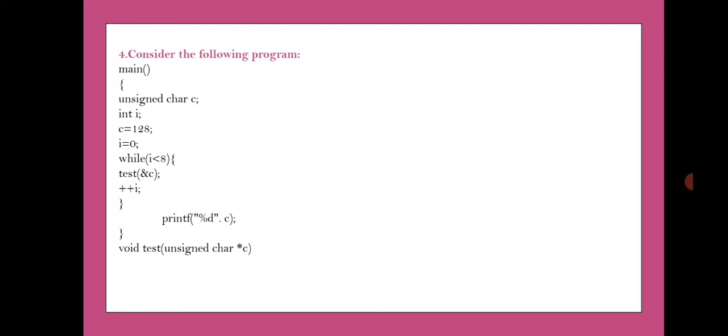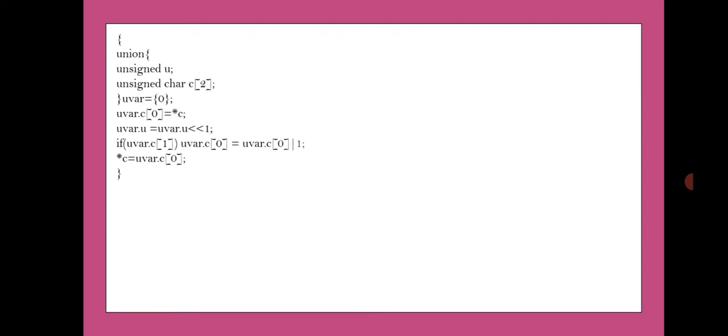Let's look into how the test function is. It takes an argument unsigned char pointer c, and in this we have a union with unsigned u and unsigned char c of 2, and u var equal to braces 0. u var dot c of 0 is equal to pointer c, and u var dot u equals u var dot u left shift 1 once.